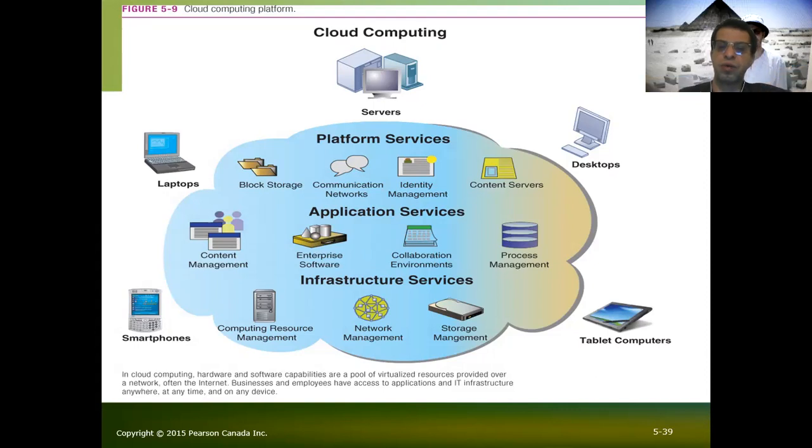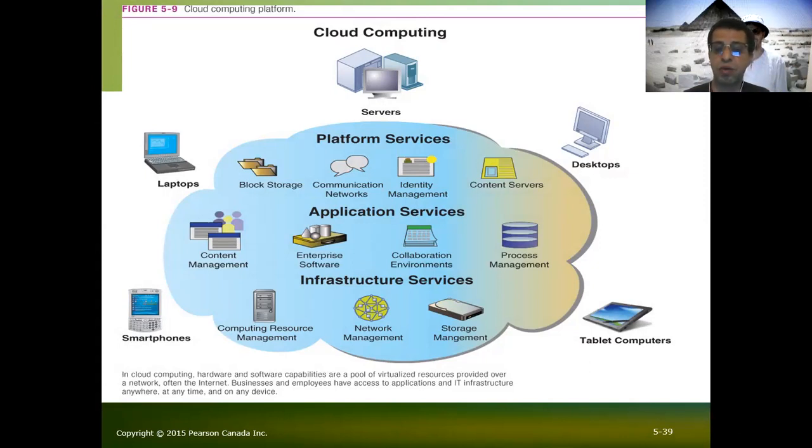Then inside the cloud, you have the platform services, which are the storage, the communication network, the identity management, and the content servers and content management. Then you have the application services, such as enterprise software, collaboration tools, or process management.